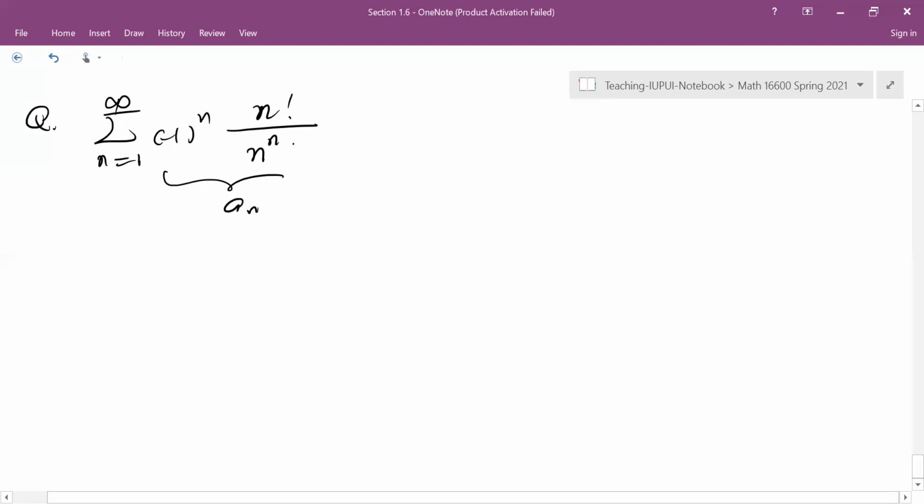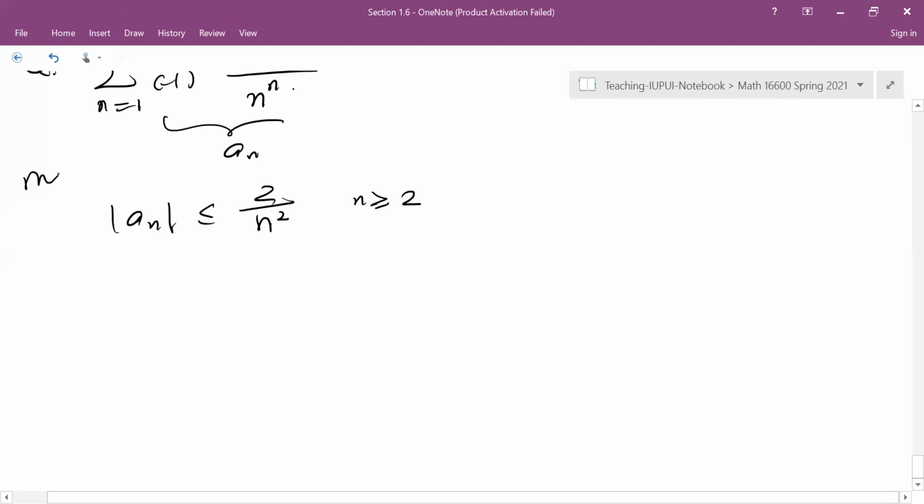All right, so how do I do that? Well, I already showed you how to do it before. We proved that it's absolutely convergent, but using some tricks in mathematics. We proved that the absolute value of a_n is less than or equal to 2 over n squared, for n greater than 2. Then we proved that it's absolutely convergent. Yeah, this is the first method.